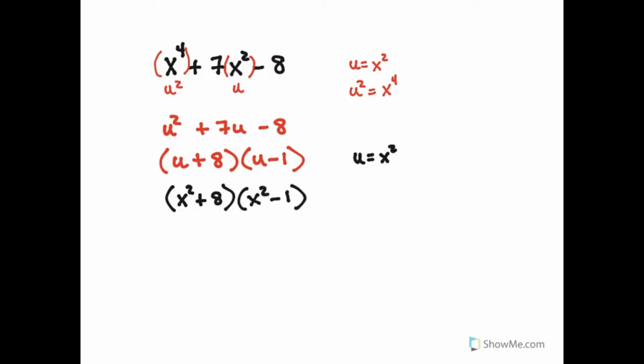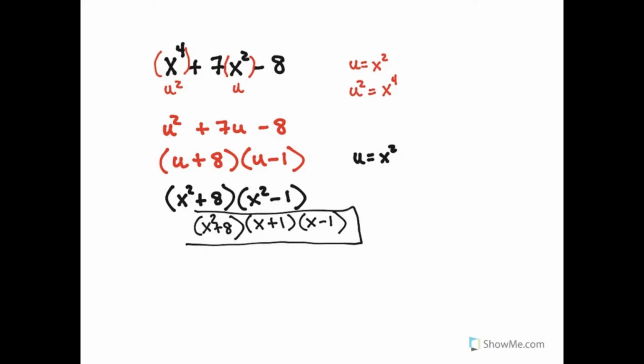Well, now we're back to x, but we're not quite done factoring because x squared minus 1 is a difference of squares. It factors to x plus 1 times x minus 1. So x squared plus 8 is not factorable further, and we have 3 binomials multiplied to give us our original expression.